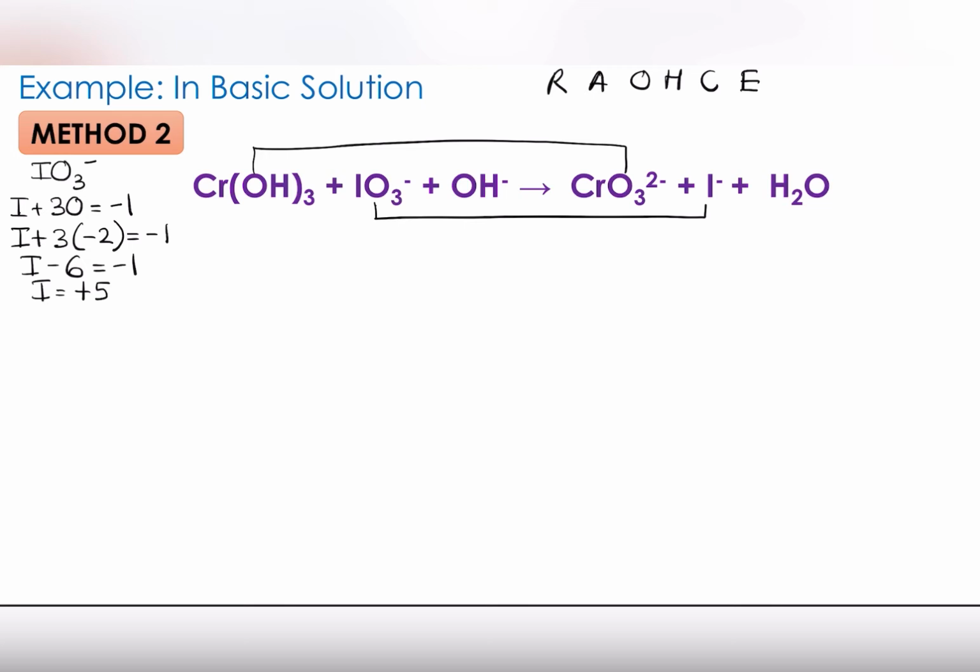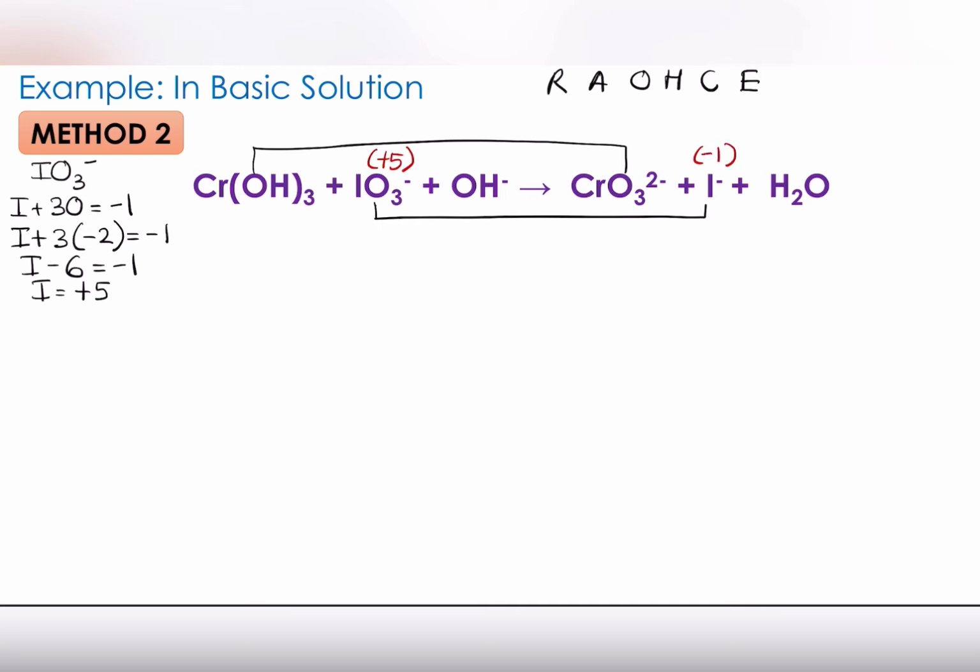So for IO3- here, the oxidation state for iodine adalah +5. And then for product here, I got I-, the oxidation state is -1 based on its charge.